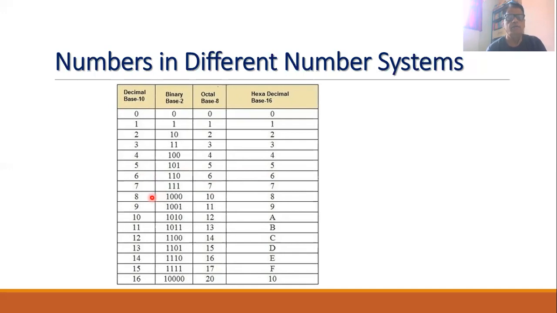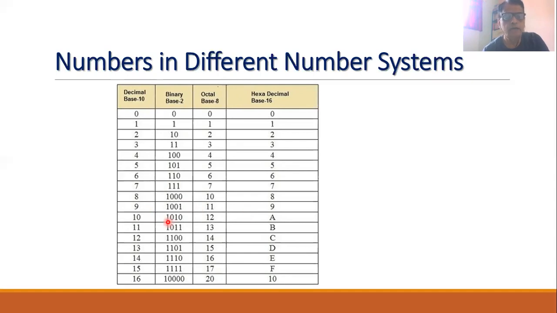For 8, we write 1000 in binary. But now the octal numbers are over, meaning the basic numbers are over, and therefore we write 10 for the decimal 8. And in hexadecimal, 8 is written as it is. For 9, we write 1001 in binary, 11 in octal, and 9 is written as it is in hexadecimal.